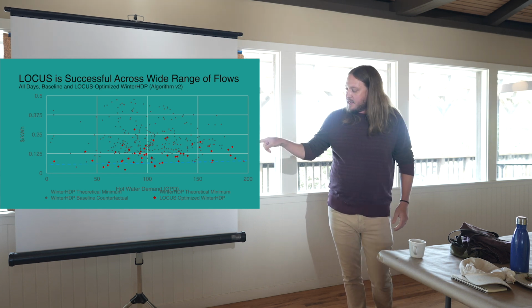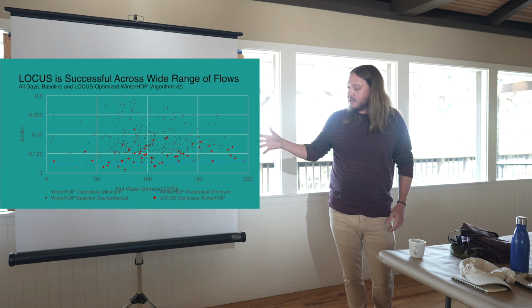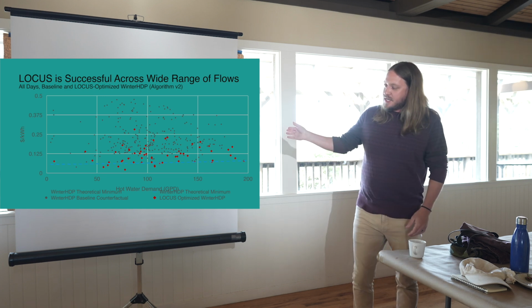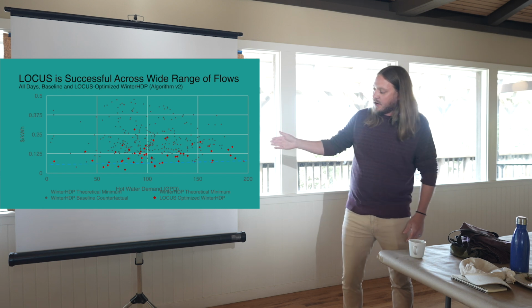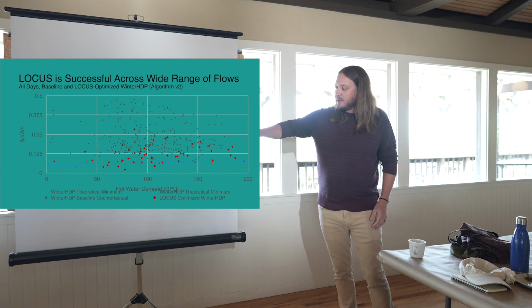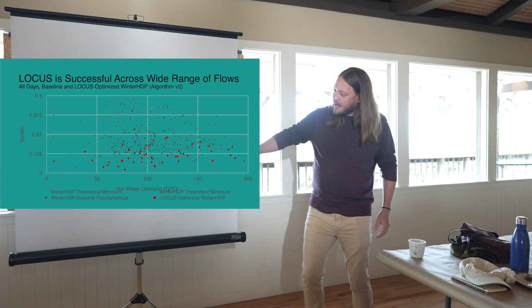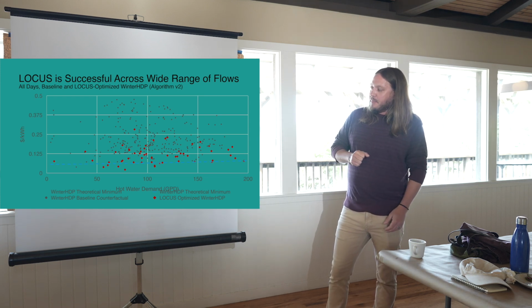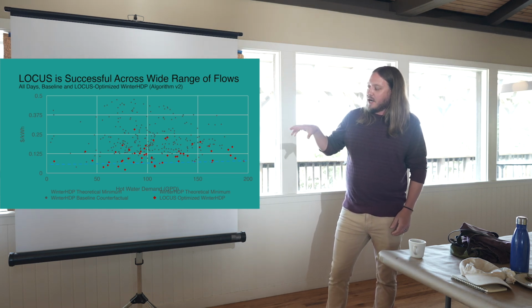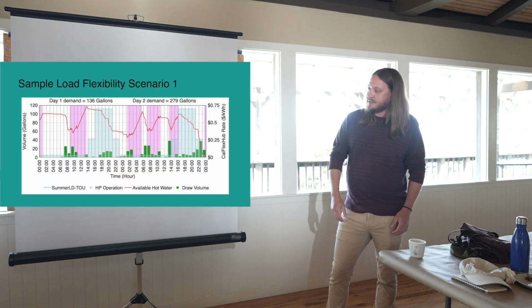Each one of the red dots is our actual locus optimization. From 0 gallons of hot water per day up to almost 200 gallons of hot water demand per day, we were really able to keep that pretty tight. There are always going to be outliers like this one here. Who knows what happened? We can't predict demand perfectly, but you can see how much we've reduced our cost compared to baseline.